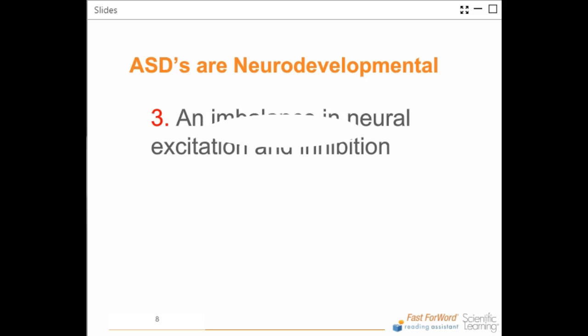Third, we know that children on the autism spectrum tend to have problems inhibiting information both within their own body and inhibiting information that's not relevant to them from the outside world. A way to think about this imbalance of excitation and inhibition, because that's a technical term, is that their brains are noisy.